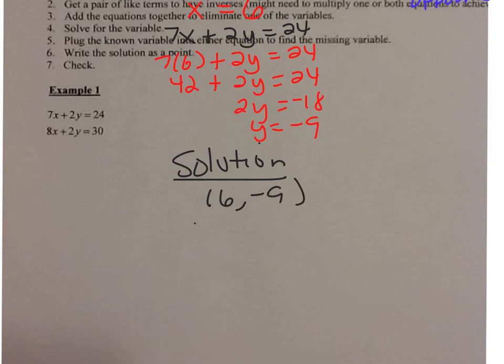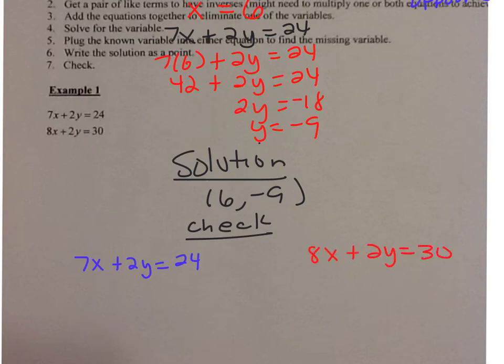So now you have to check. All right, so you're going to plug it into the first one, 7x plus 2y equals 24. You have to have two checks. And 8x plus 2y equals 30. So I have 7 times x, which is going to be 7 times 6, plus 2y, which is 2 times negative 9, equals 24.